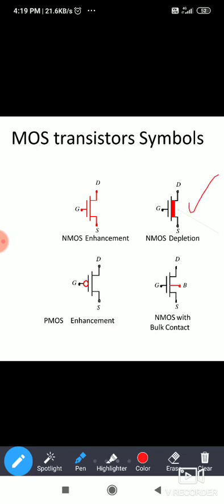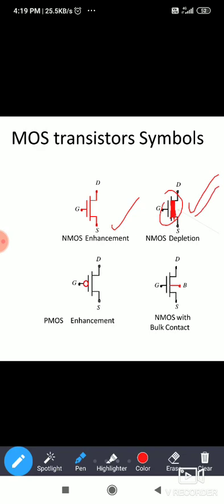Here, see, on the gate side there is a thick line for the base. That indicates the depletion. Here normal, only just a line. This is enhancement mode. This is depletion mode.